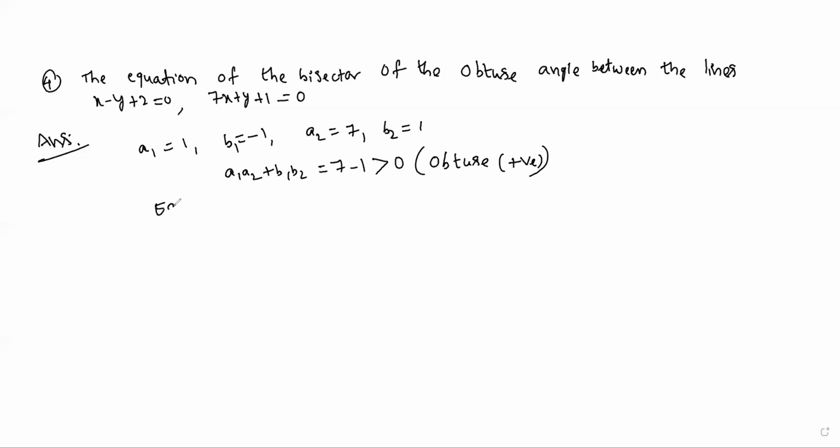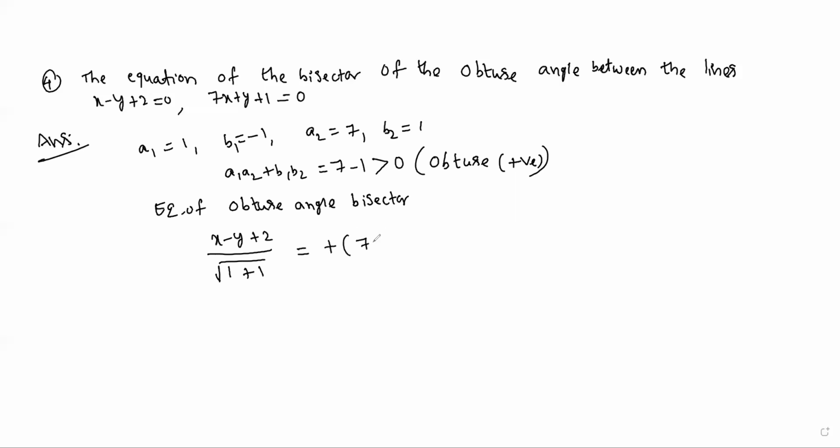Now the equation of the obtuse angle bisector or angular bisector: a1x, that is x minus y plus 2 by square root of the x coefficient 1 square, 1, y coefficient minus 1 whole square, also 1. Equal to, what symbol here?